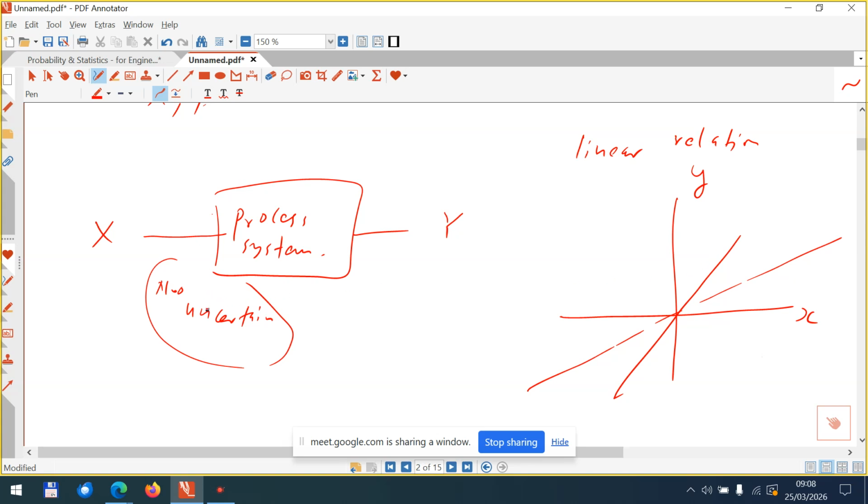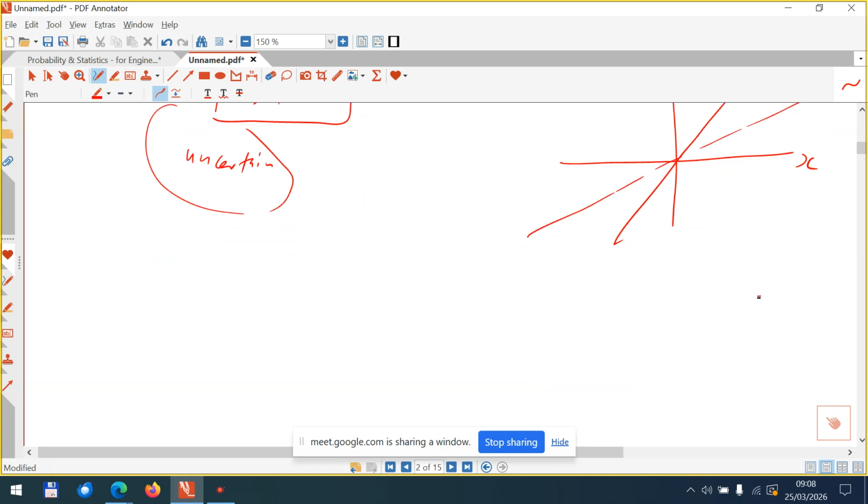Now bring the uncertainty to this problem. Of course you won't have this graph, but I can imagine y, x, and I can ask whether y, in general, will be some function g of x.